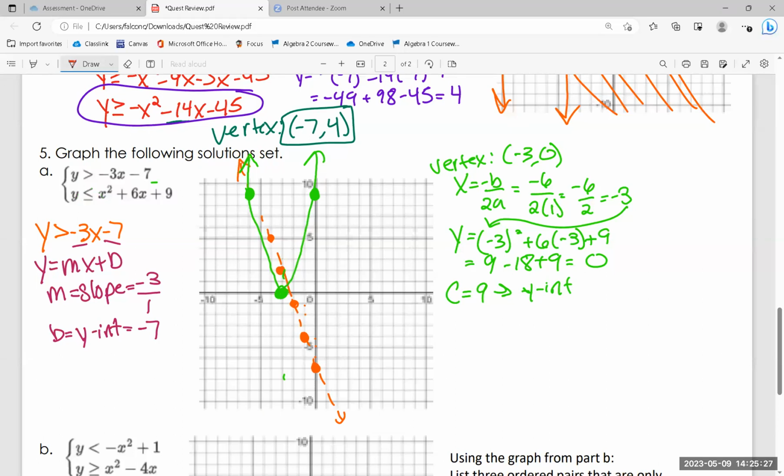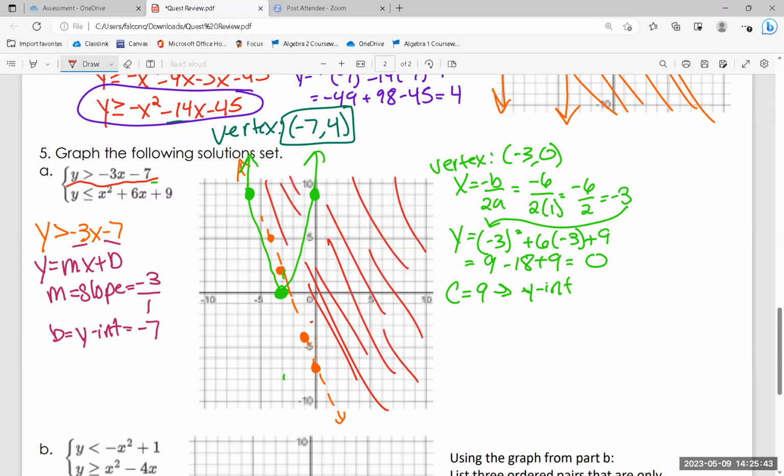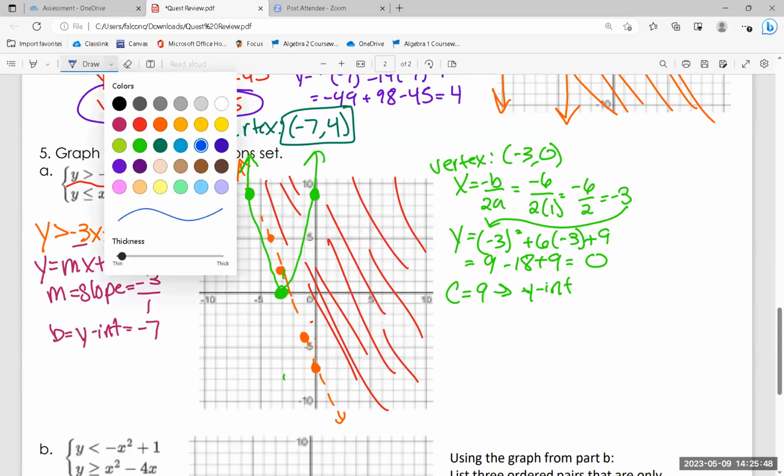Okay, so we want greater than the linear equation. The linear equation is the orange line, so we want greater than that. So we want this area over here, greater than it. And then we want less than the parabola.